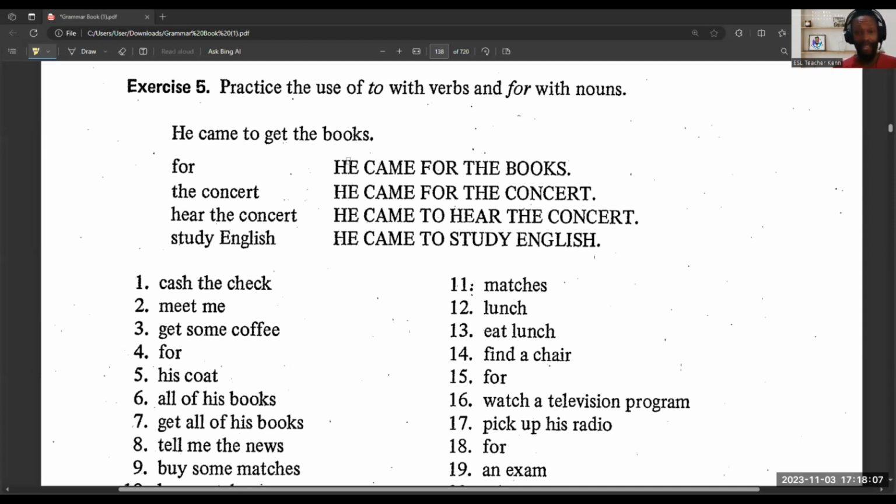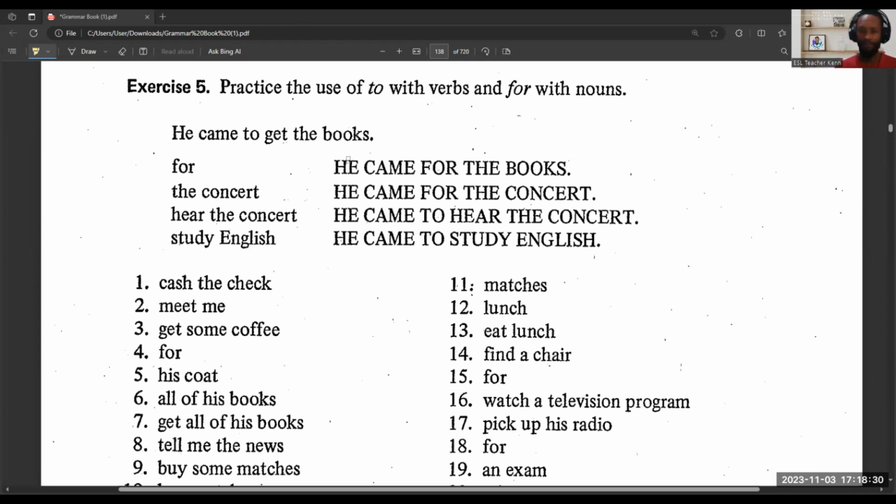In this case, we are going to maintain, let's say, he came. We're going to continue using that he came, and we're going to be switching either to and for with the rest. The first one says, he came to get the books.